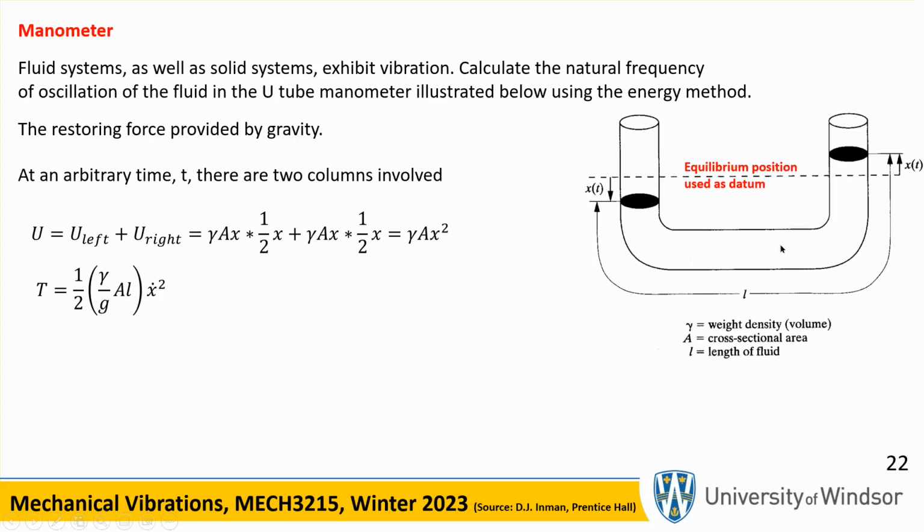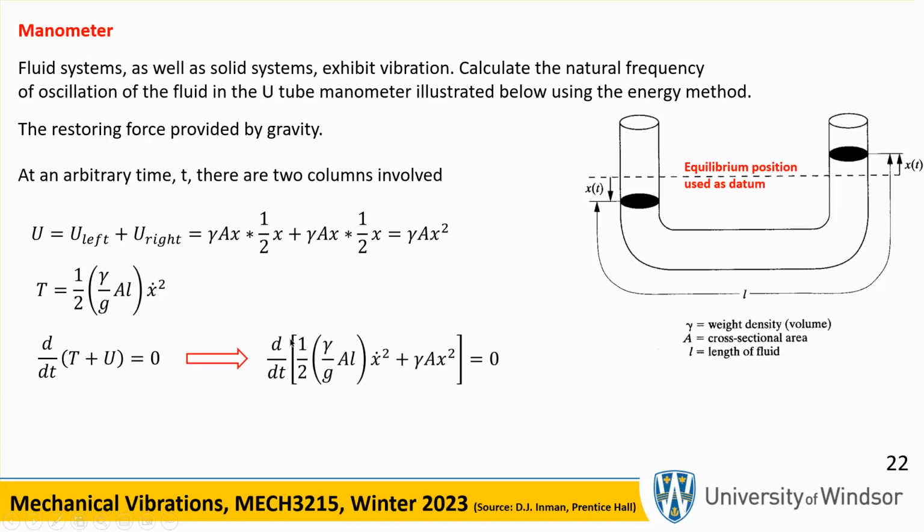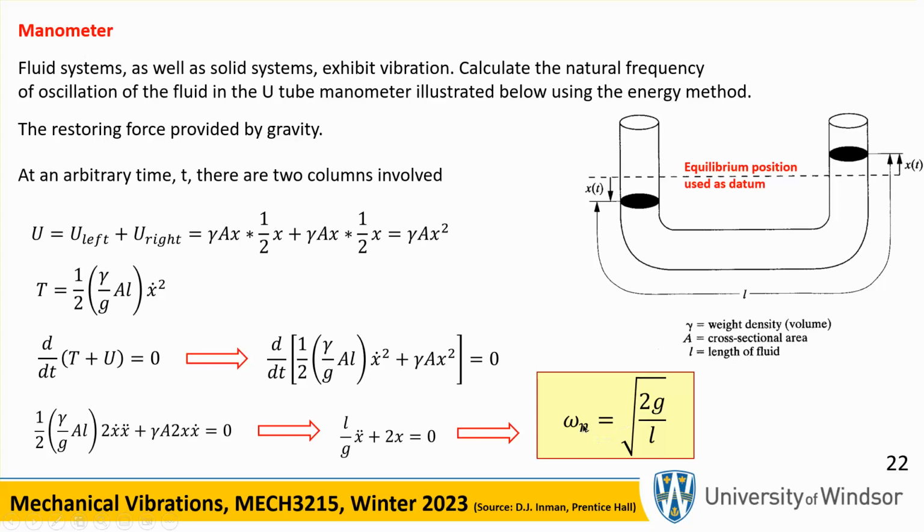You add them up and set it equal to 0, clean it up, put these things in there, differentiate it using chain rule, just like what we did before. Clean it up, and you're going to get natural frequency is the square root of 2g over L. This is the same result that we got based on Newton's second law.